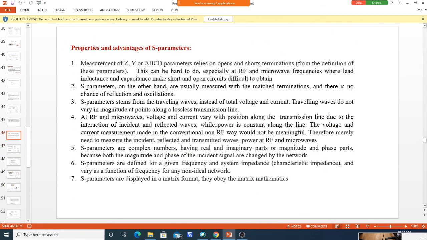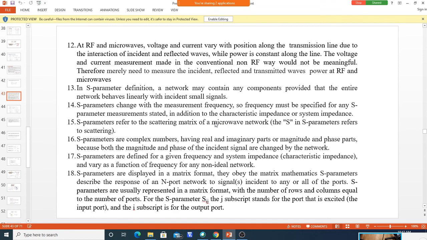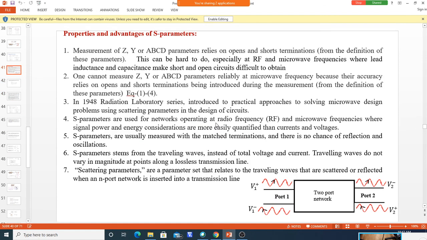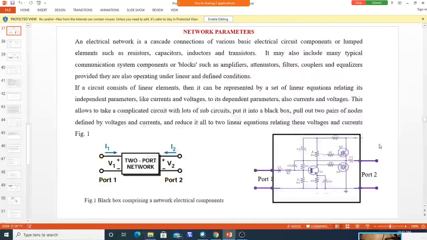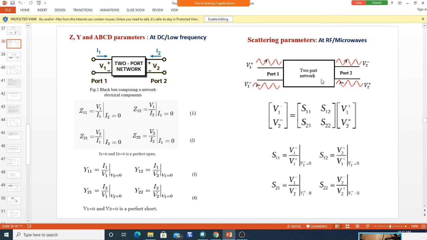At high frequency, as I said, we are using S parameters. We are considering the waves and using the scattering parameters for the measurement, because for any network we should see what the output is and what the input is, and whether the output is what we needed. So at RF and microwave frequency the measurement is through scattering parameters.